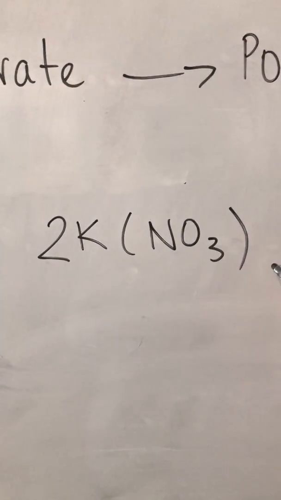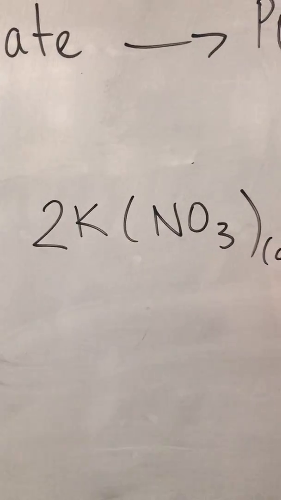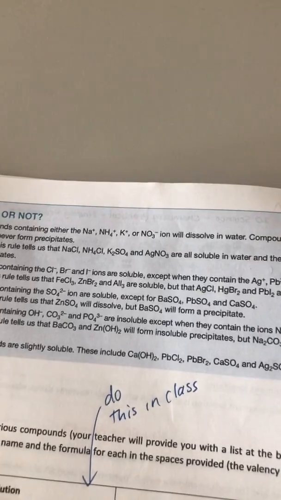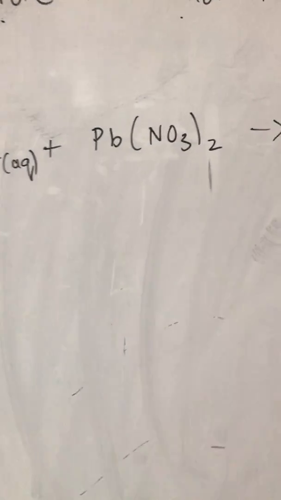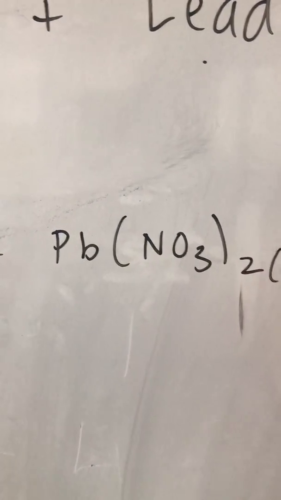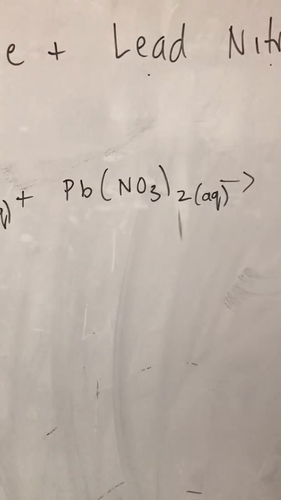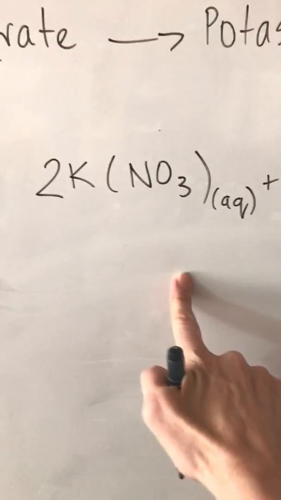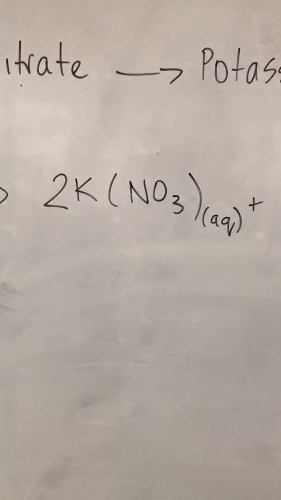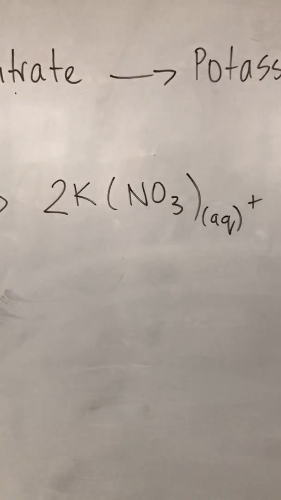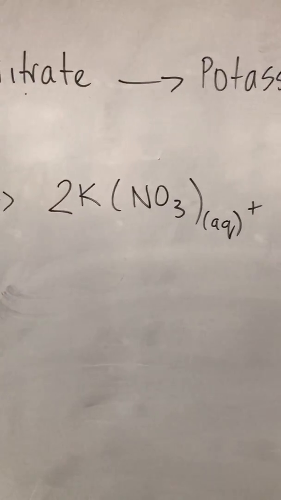So potassium iodide won't, and neither will potassium nitrate. Anything containing nitrate ions also will never form a precipitate. So lead nitrate, AQ for aqueous solution. We already know that potassium nitrate doesn't because of the presence of the potassium ion, so the nitrate ion doubles that evidence that it will not form a precipitate.